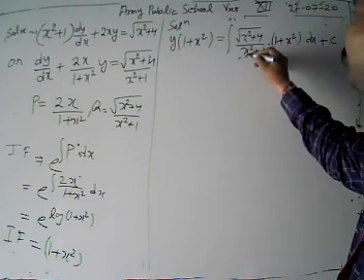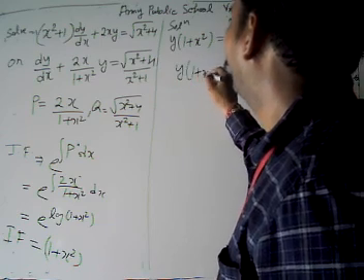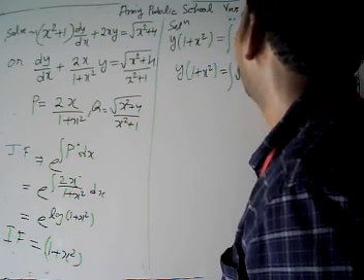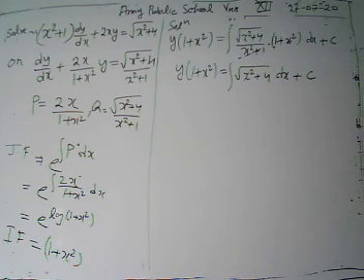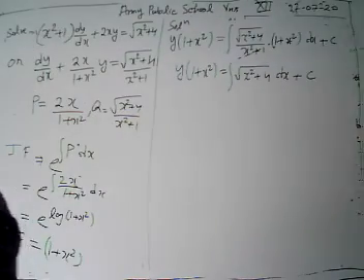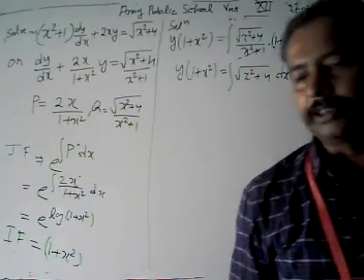Look, these terms cancel out. Then we have y into (1 plus x square) equal to integration of under root x square plus 4 dx plus c. Now we have to get the integration of under root x square plus 4 dx. It is one of our special integrals.